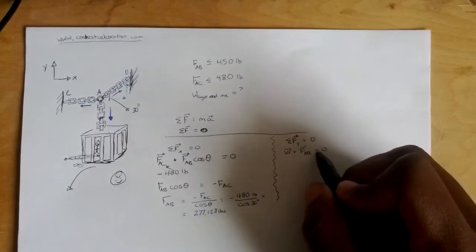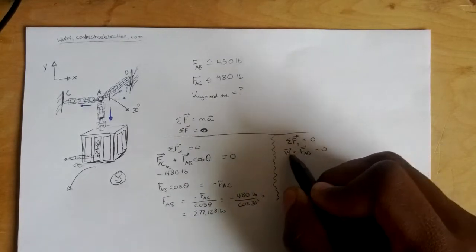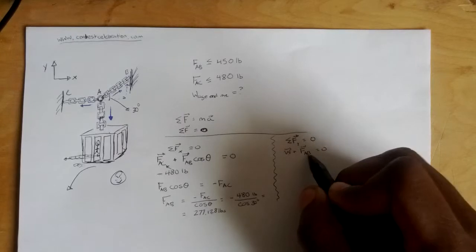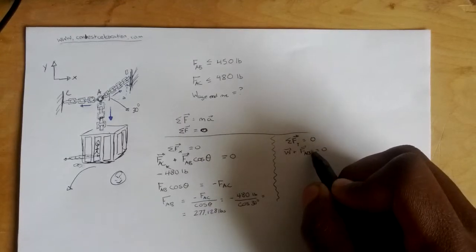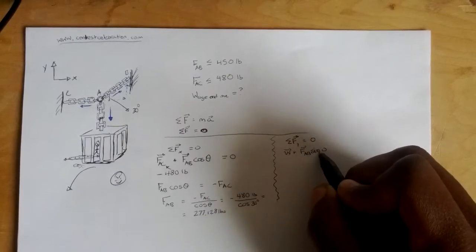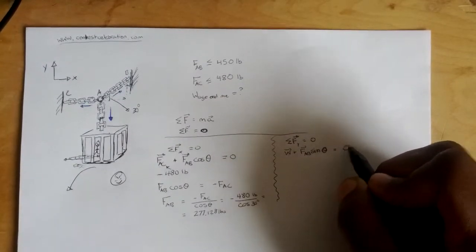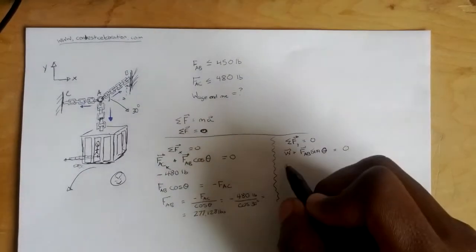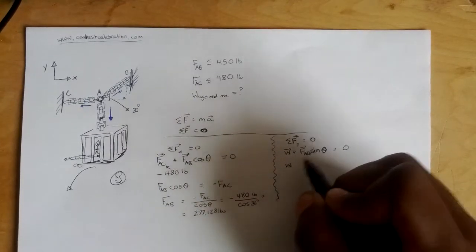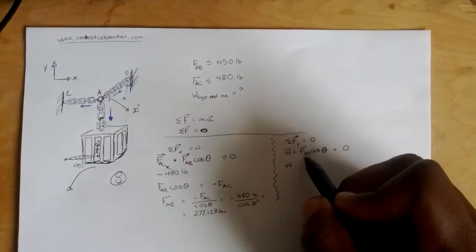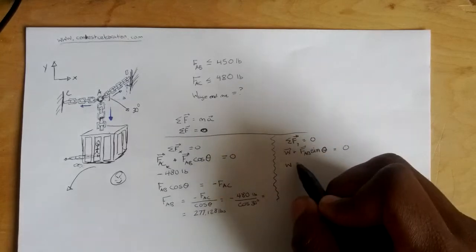Oh, sorry. Almost made a mistake. Weight plus the y component of force AB, so that's sine of angle theta, is going to be equal to 0. So this one's pretty simple. You take this term, you subtract it from both sides.